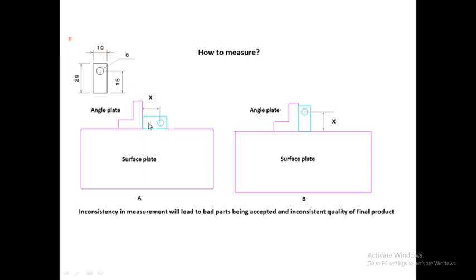In method A and method B, variations might come due to inconsistency in measurement, which will lead to bad parts being accepted and inconsistent quality of final products.